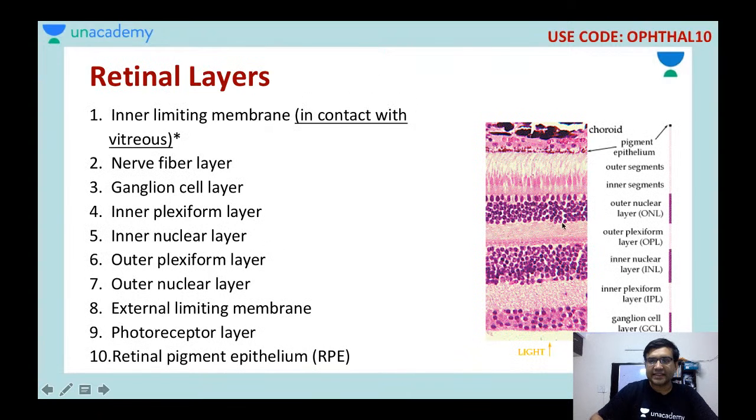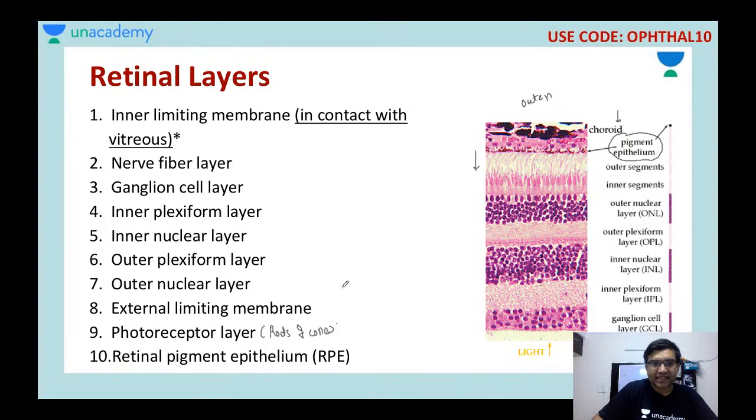So if you can see in this picture, the layer which is in touch with the choroid is the retinal pigment epithelium. This is called the outer layer. Then after the retinal pigment epithelium, we have the layer of the rods and cones. They are called photoreceptors.